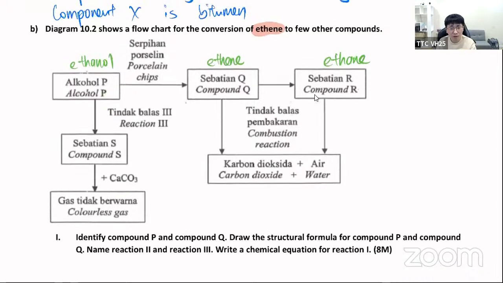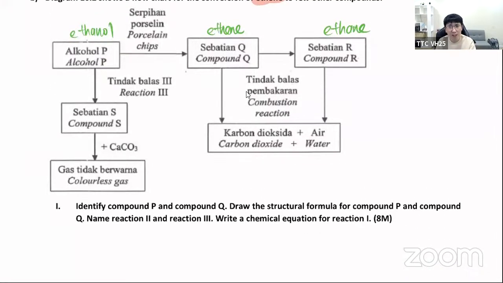Did he actually get the same answer as this? Because I see his answer, and I think it's wrong. I see his answer is wrong, because he added porcelain chip. He says P is ethane-1,2-diol, Q is ethanoic acid. This is wrong.